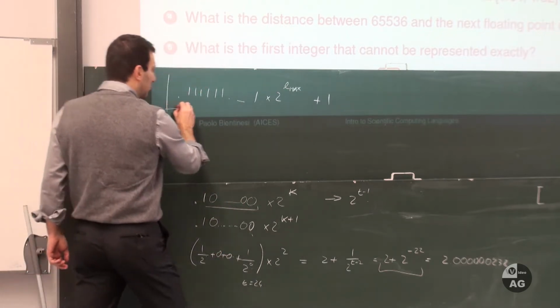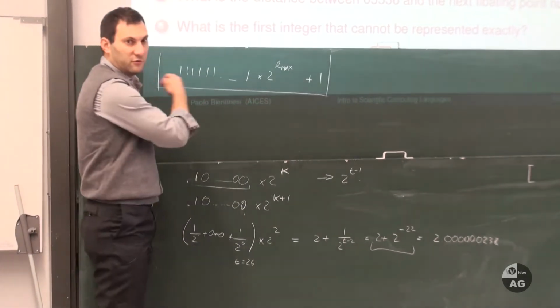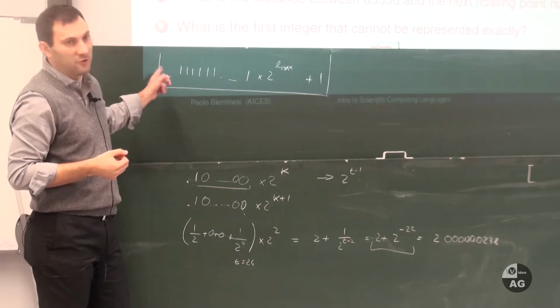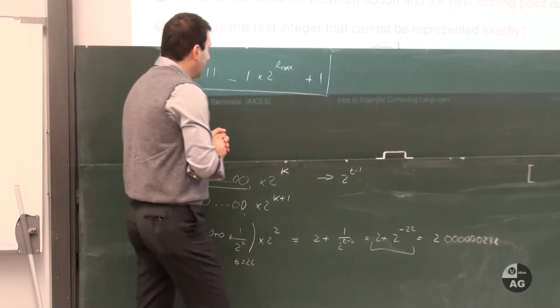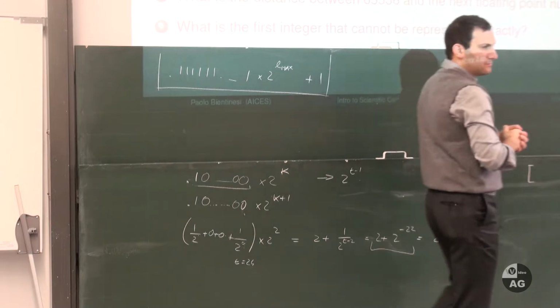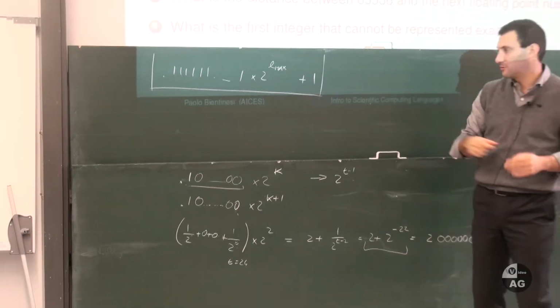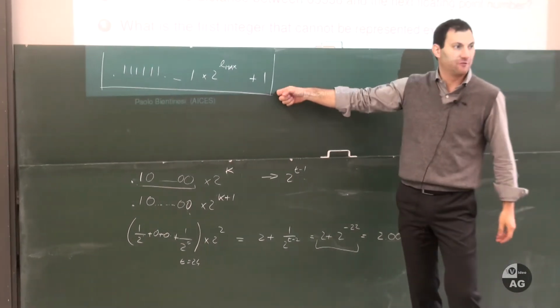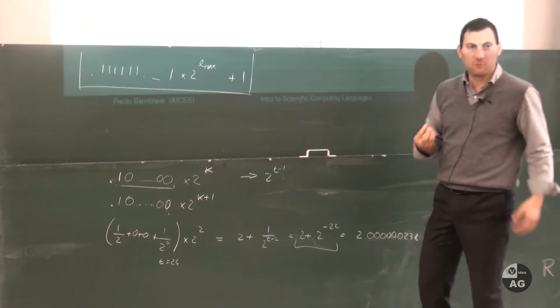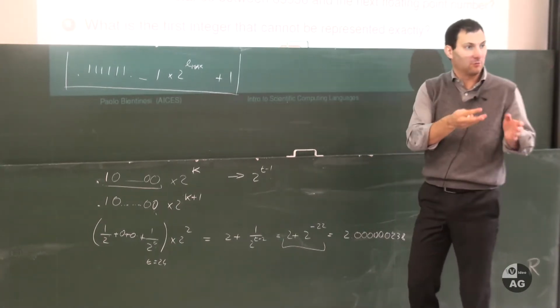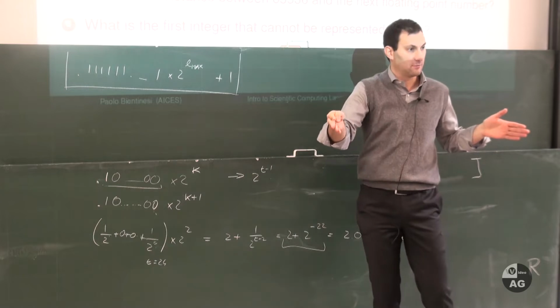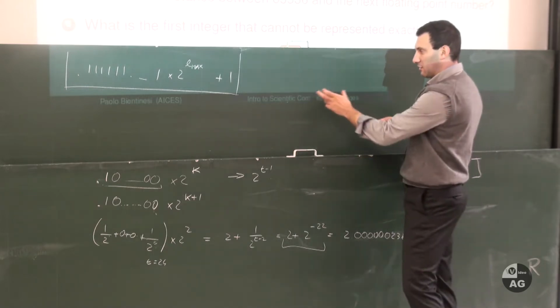So, yes, this is true, this is not representable, this is an overflow. But it's not the first number that is not representable. And there are several ways of figuring out why this is not the first representable. I think for me, intuitively, the easiest thing is when I told you that the floating point numbers are not equidistant, I showed you that at the beginning.